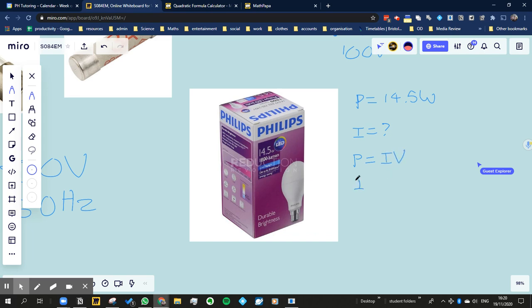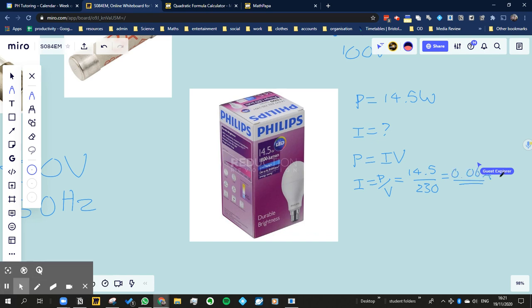So the current would be equal to the power divided by the voltage. And we know what the voltage is because it's 230 volts. And we know what the power is in this case. So it's 14.5 divided by 230. Okay.